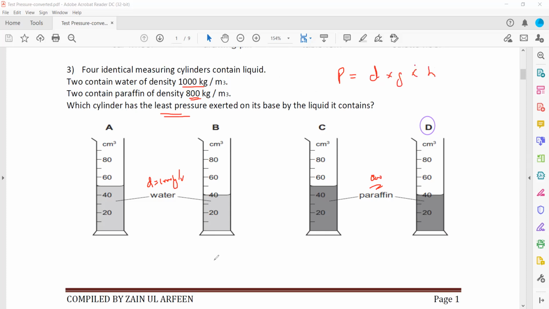So we want the least pressure, so we want low density and the least depth. So low density is paraffin, and for least depth, when you check, the depth of water and depth of paraffin is the same in B and D, but because paraffin has low density, it will exert the least pressure on the base. Is it clear?